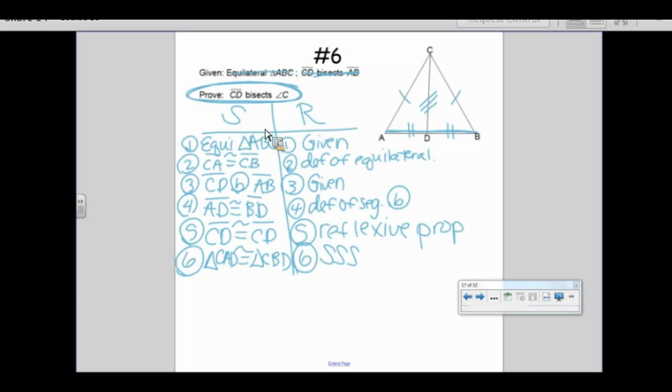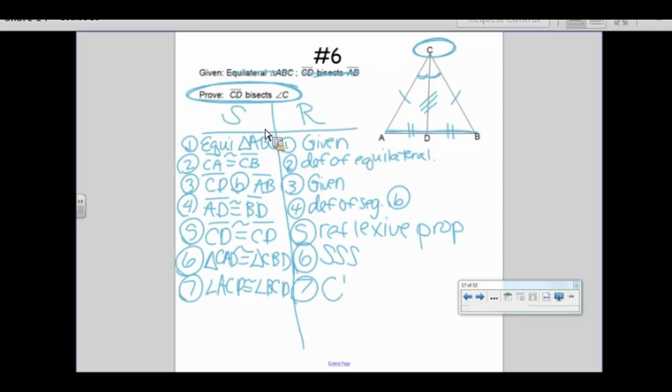I'm trying to prove that this angle got bisected. So now I'm going to say that this is congruent to this. This is new. We've never seen this before in our proofs. I'm going to say angle, not triangle, angle ACD is congruent to angle BCD.